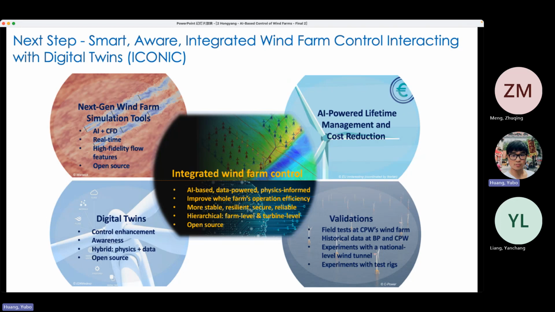And eventually we hope to develop an integrated wind farm management system powered by AI. And we aim to achieve tasks also for different time scales, such as real-time control and medium-term decision-making, and also the whole lifetime management for the turbine wind farms.